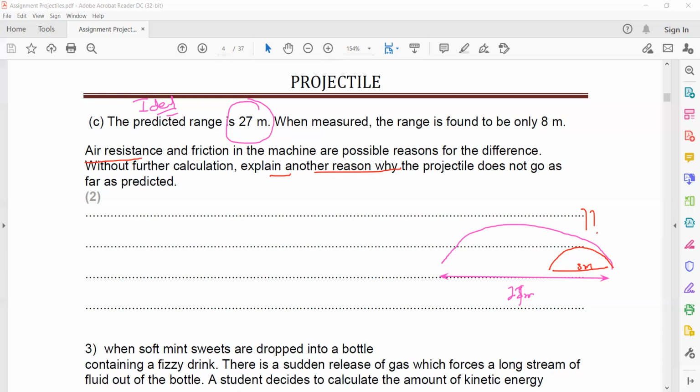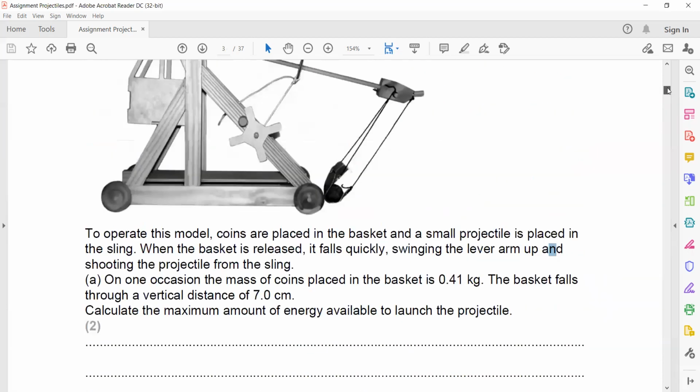So what could be a reason? Maybe not all of the potential energy, because what happened when we add a coin to the machine? When we add a coin, it launches a sling. So the potential energy is changing into kinetic energy. And you can see in the picture, this sling is attached with a cord, with a rubber.